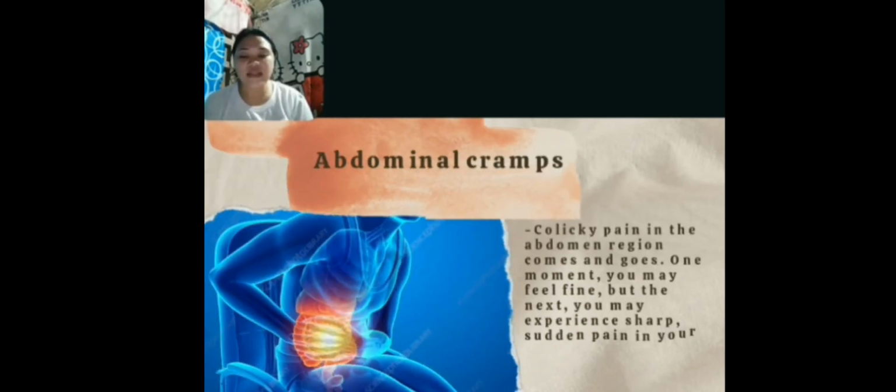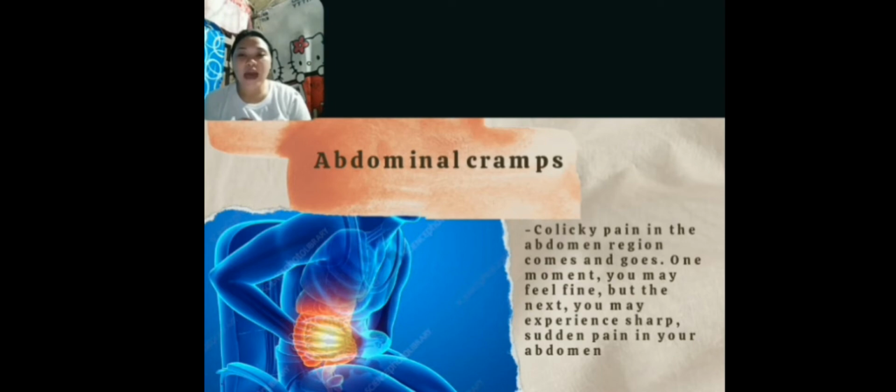Next is abdominal cramps. Abdominal cramp is a colicky pain in the abdominal region that comes and goes. One moment you may feel fine, but the next you may experience sharp, sudden pain in your abdomen.